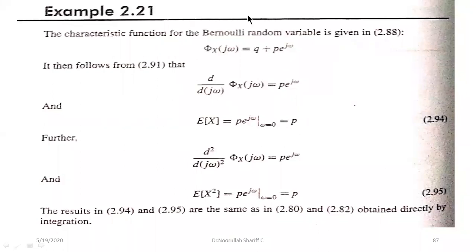Similarly, if you differentiate this twice, again I'll get the same term there. So E of x squared will be again this at omega equal to 0, that is equal to p. So we'll get the same results here, 2.94 and 2.95, as we got in 2.80 and 2.82 for the Bernoulli random variable, where any moment will give you the value p.